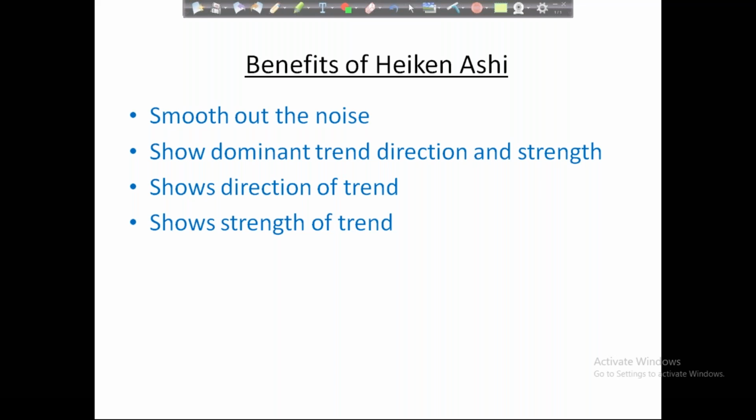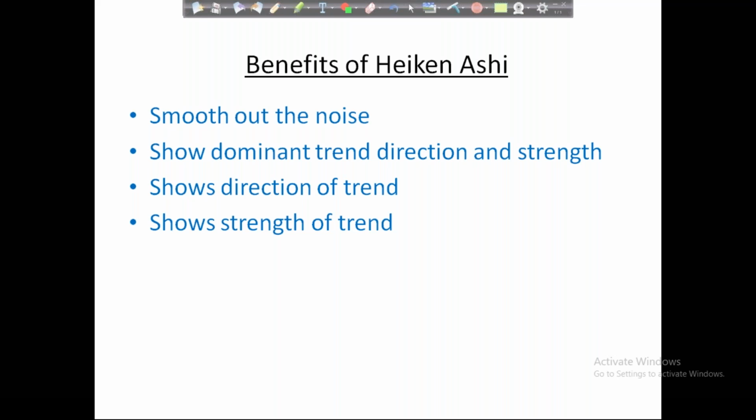But the Heiken Ashi candlestick pattern removes that noise. I'll show you. The dominant trend direction and strength, both are shown. Most of the time we use different indicators for strength and trend. For the trend we use one indicator, and for strength another indicator like RSI.